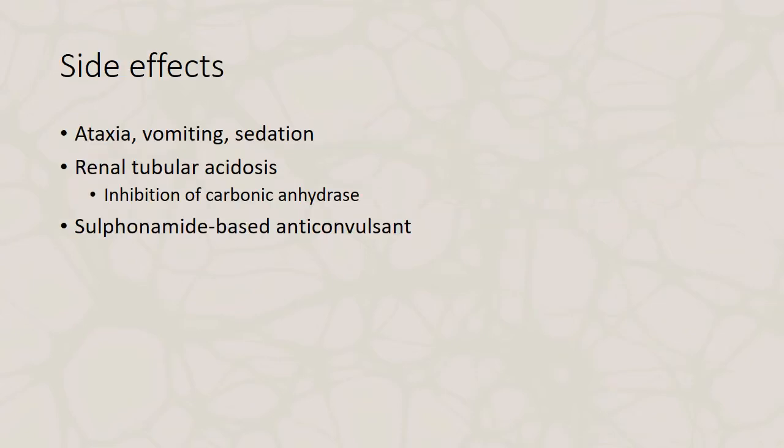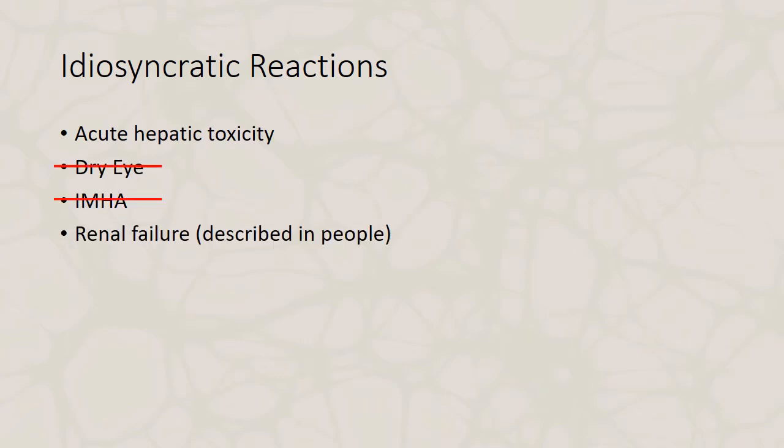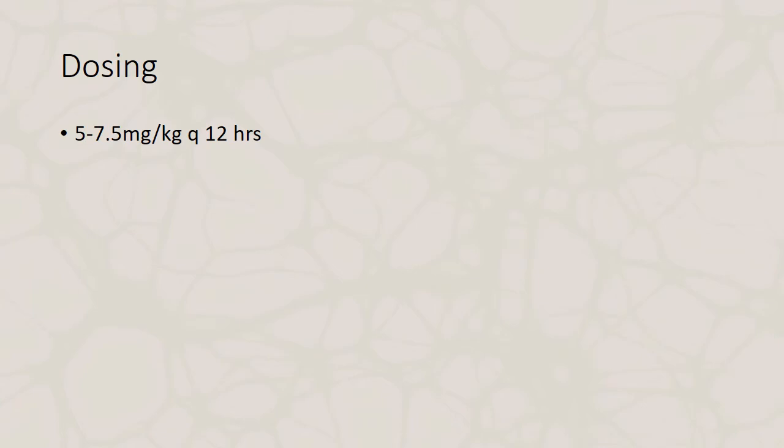Side effects are uncommon, but this is what has been reported. And because it is sulfa, idiosyncratic reactions are possible, although the only one that's been reported in dogs is acute hepatic toxicity. This is the dosing, and it needs to be doubled if they're on phenobarbital.